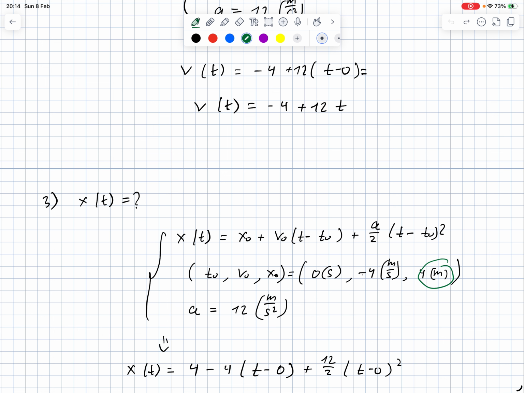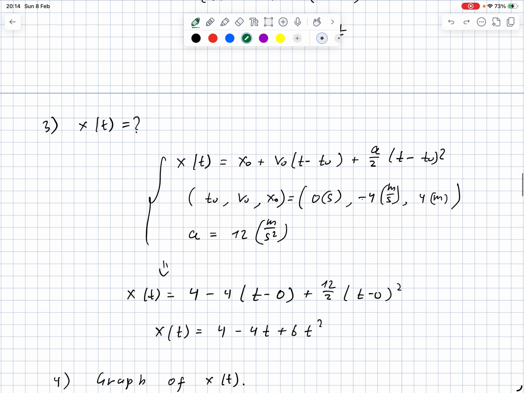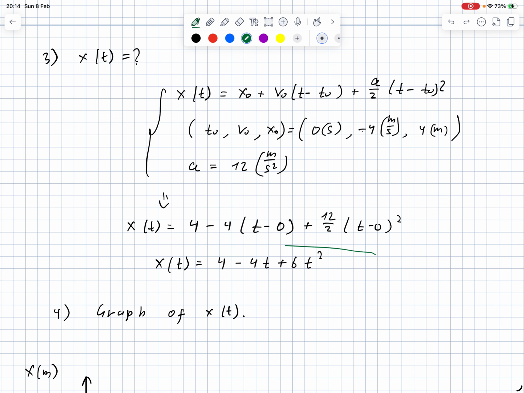And again, we're going to take all these values and substitute them in this formula. And when we do so, we have this formula, which is a parabola. And we see that the coefficient of t squared is positive, which means the parabola would look happy and not sad this time.